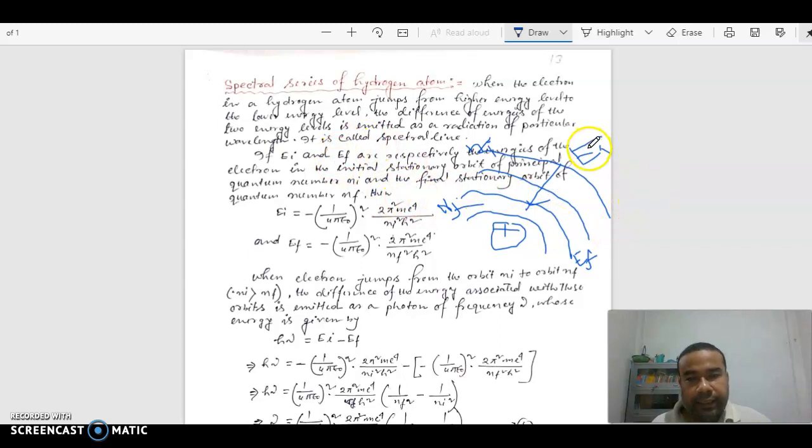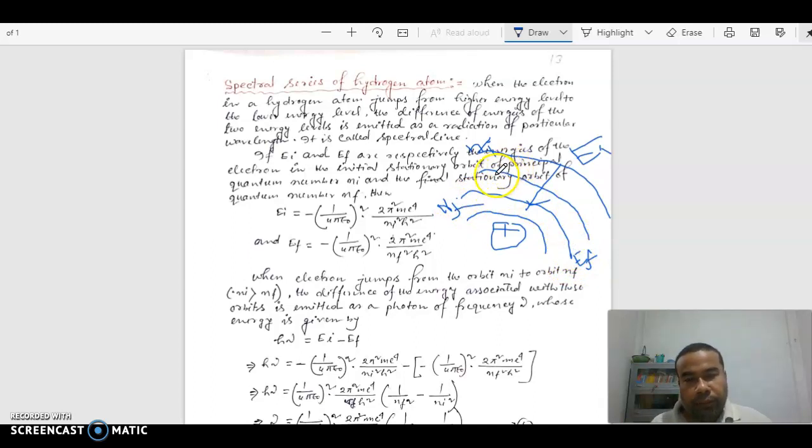Say Ei and Ef are the energies of the electron in the initial stationary orbit of principal quantum number Ni and the final stationary orbit of principal quantum number Nf.